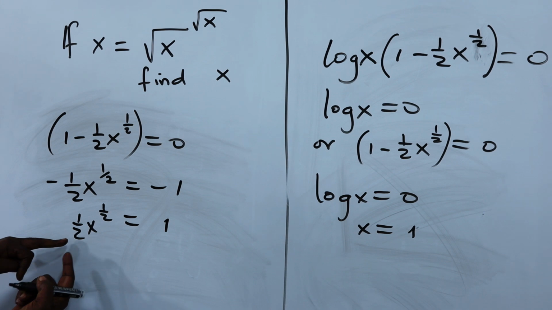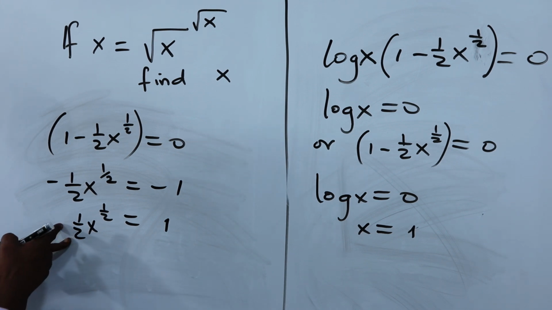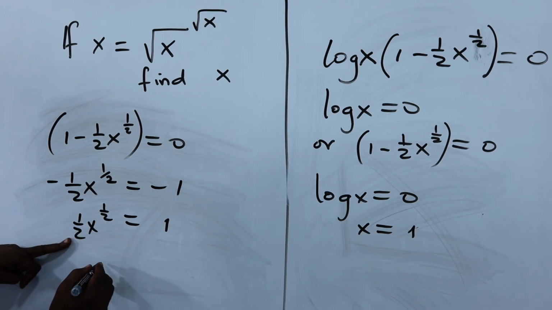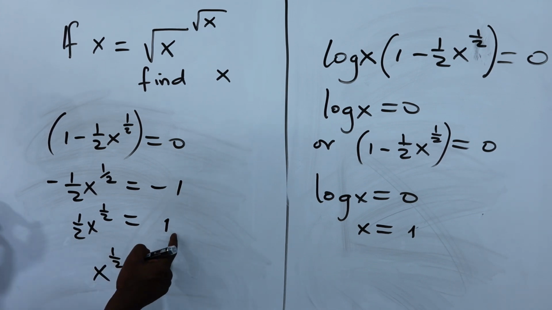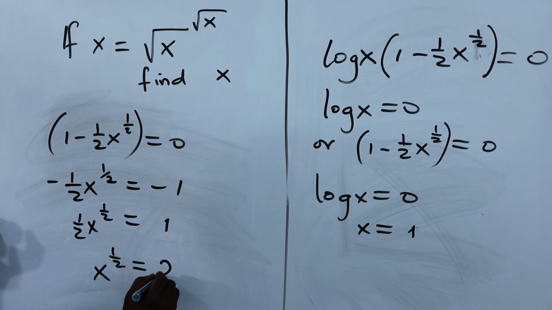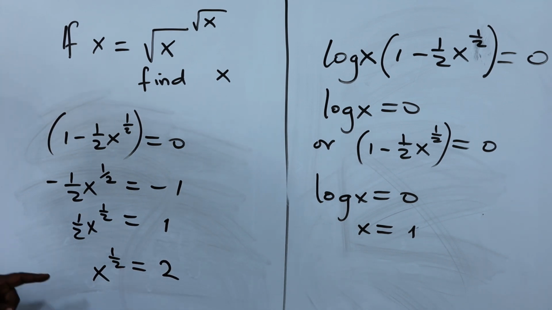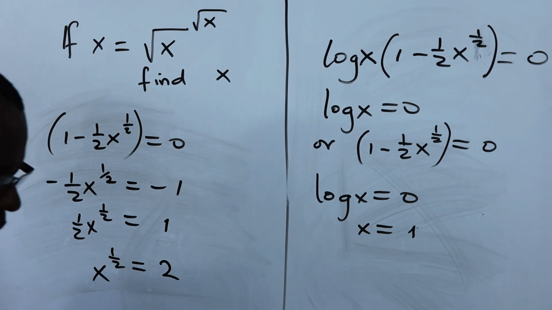If I multiply the left hand side by 2, I will have x raised to power half. I do the same thing to the right hand side. Multiply the right hand side by 2, I will have 2. Meaning that x raised to power half is equal to 2.